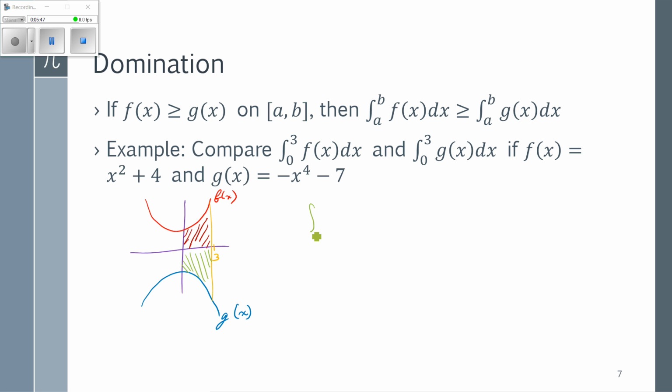So yeah, the integral from 0 to 3 of f of x with respect to x is going to be greater than or equal to the integral from 0 to 3 of g of x, because on that interval from 0 to 3, f of x is greater than or equal to g of x. And it's just that idea. If f is above g over the entire interval, then the integral of f has to be bigger.